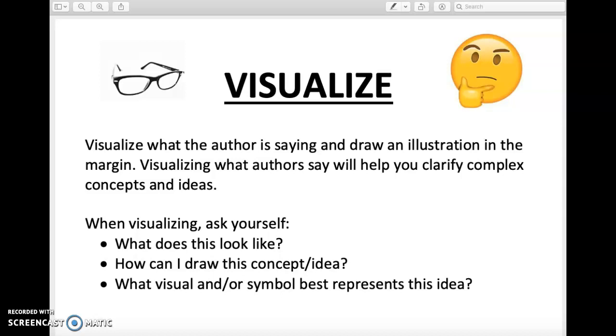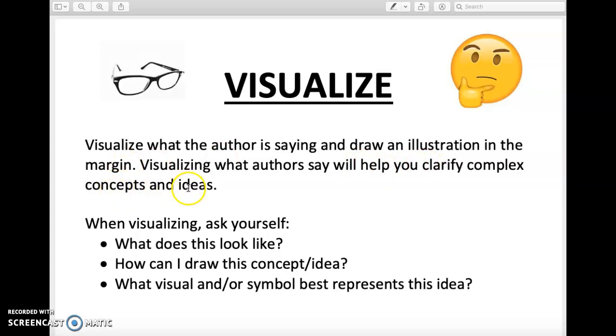Some of us have different visualizations or thoughts than others while reading a book. So for that last box, visualization, you are going to visualize what the author is saying and draw an illustration in the margin. Visualizing what authors say will help you clarify complex concepts and ideas.